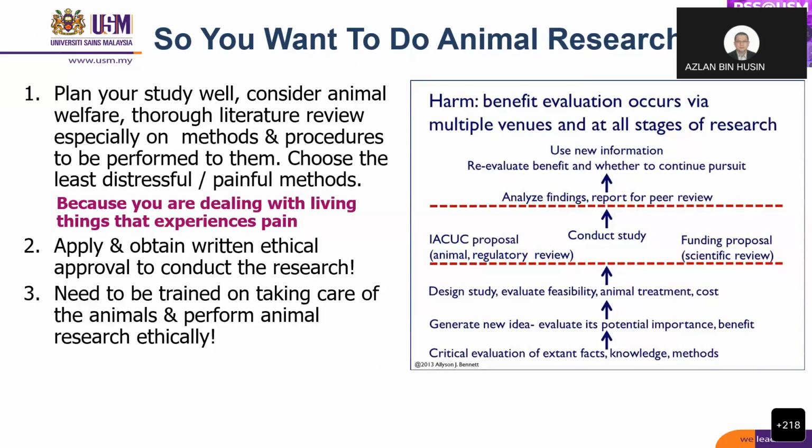You should supervise your students so that they have read and understood the literature review as usual, but also pertaining to the methods and procedures, because you are dealing with beings that can experience pain and distress.